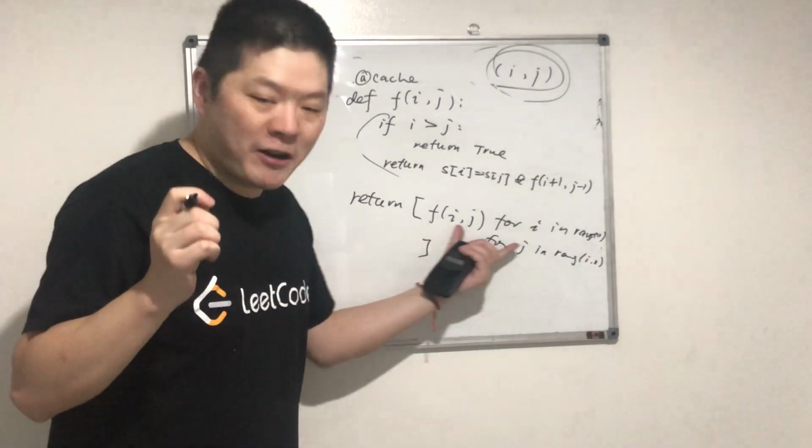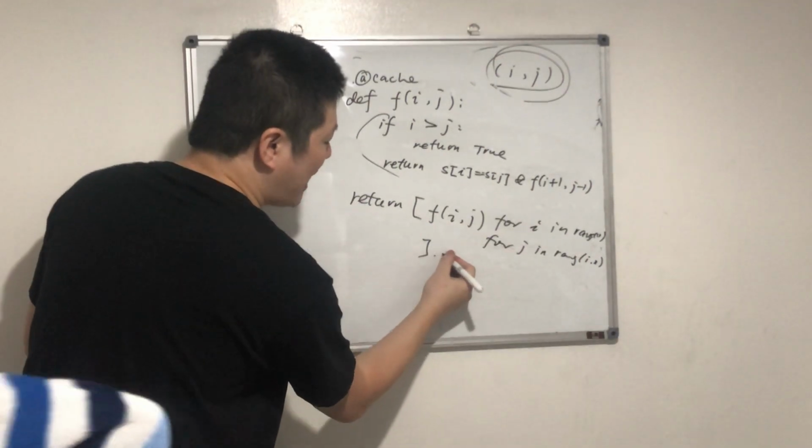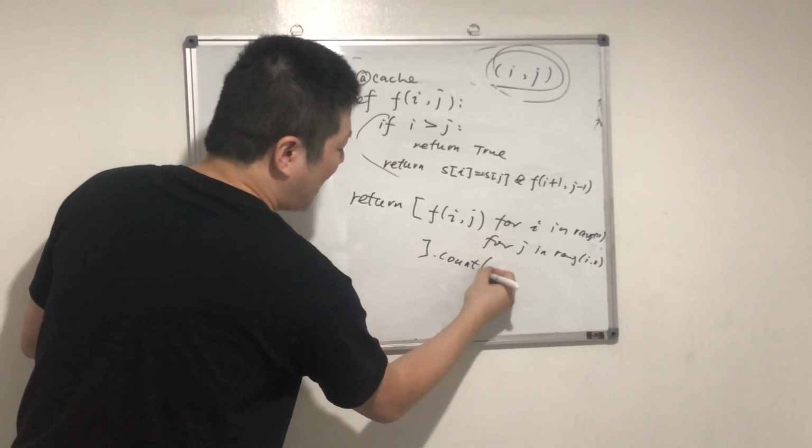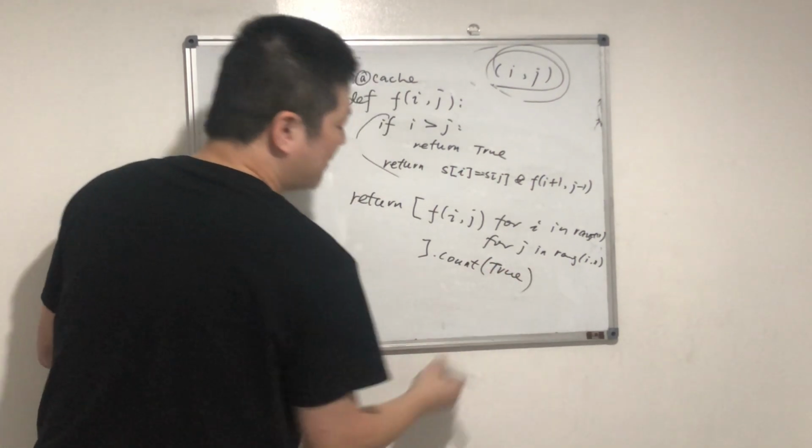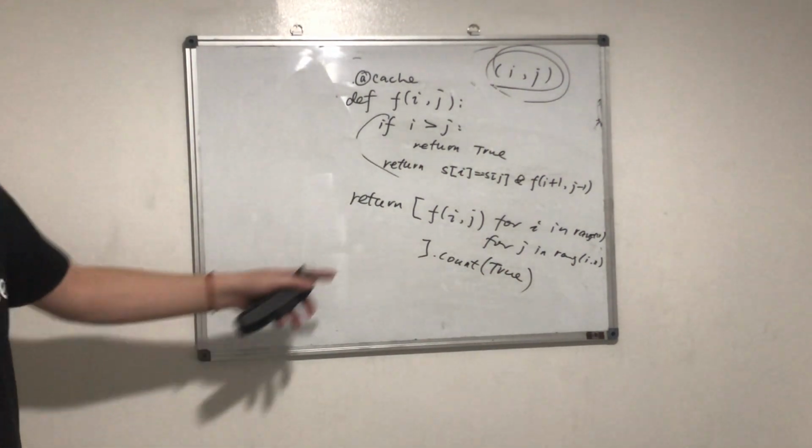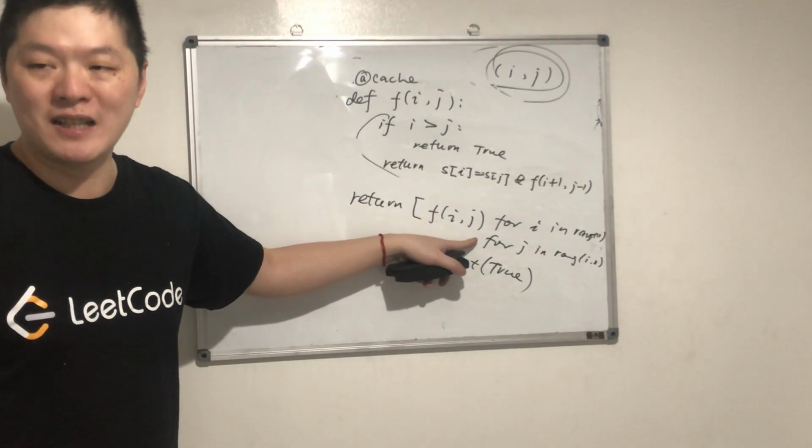This will create a list, and then I just need to count the true values. Then you will tell me how many of them are palindromes.